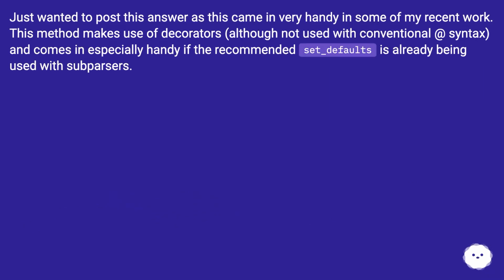Just wanted to post this answer as this came in very handy in some of my recent work. This method makes use of decorators, although not used with conventional @ syntax, and comes in especially handy if the recommended set_defaults is already being used with subparsers.